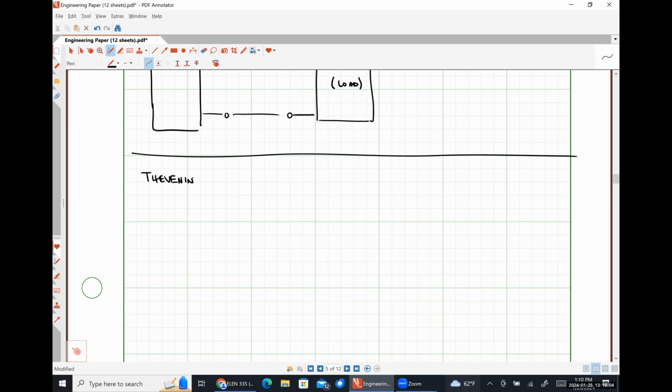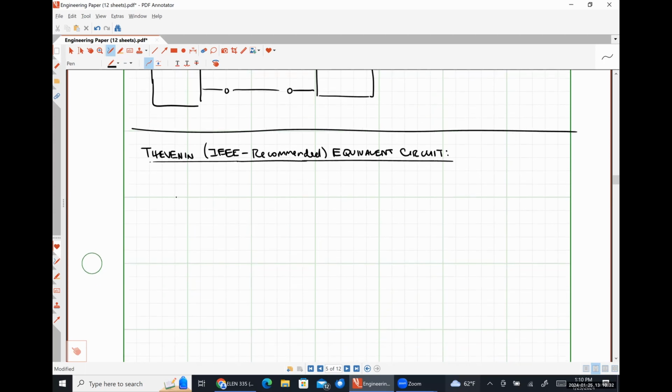Let me write this out as the Thevenin or IEEE recommended equivalent circuit. So starting with my original equivalent circuit, here's my terminal voltage Vs. Here's my resistance Rs.